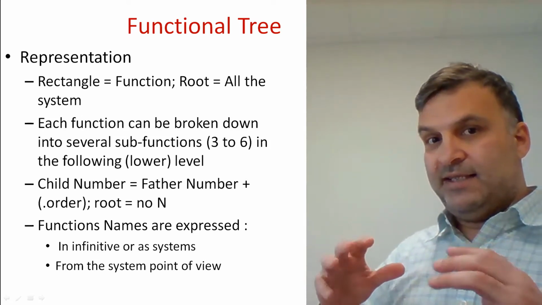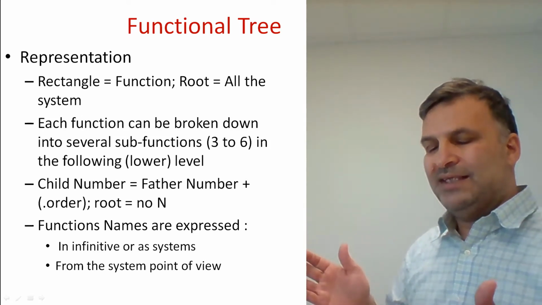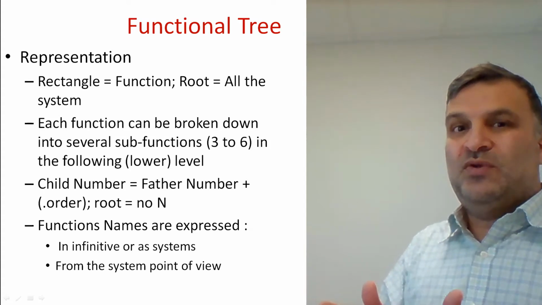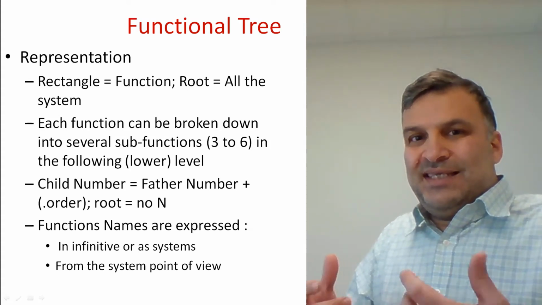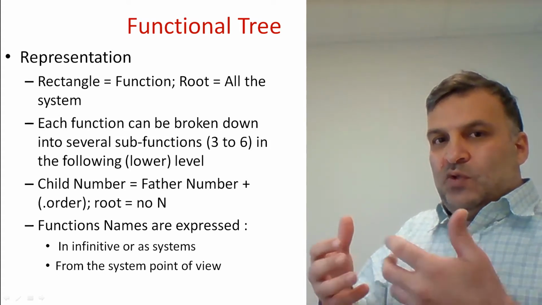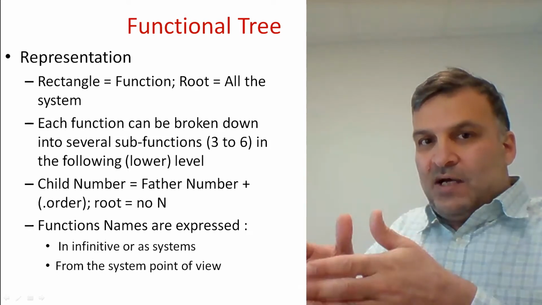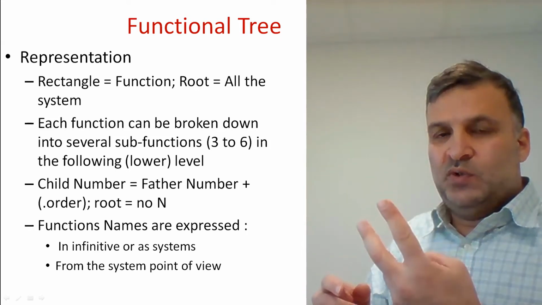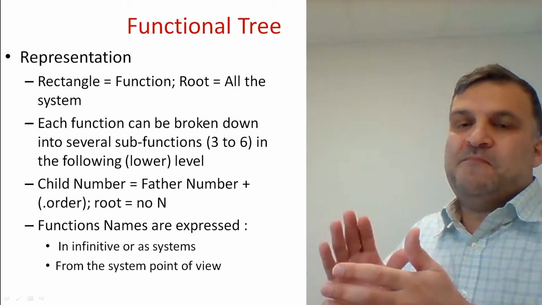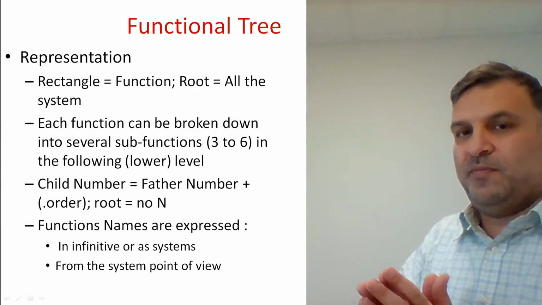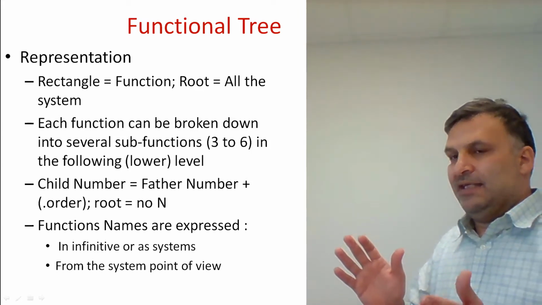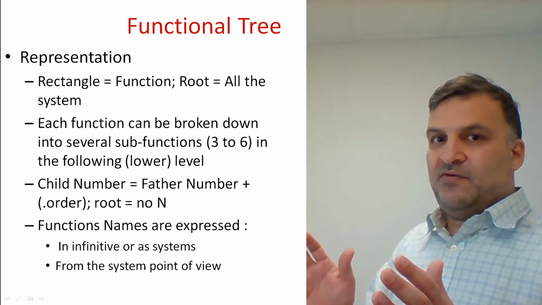Why? To facilitate understanding. If we put less than 3, if we put 2, it is not very logical to break down one node into only 2 nodes. Sometimes it may be done. It is not forbidden, but it is not very common.